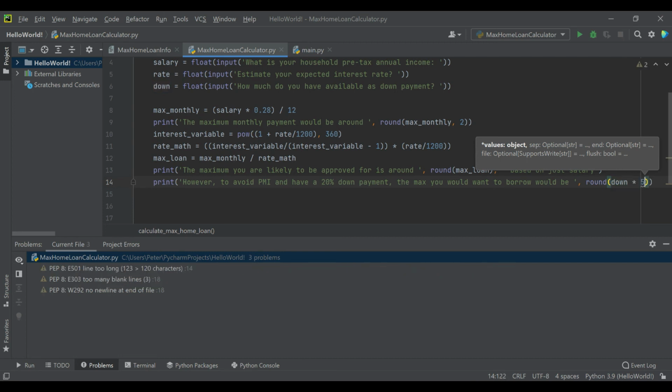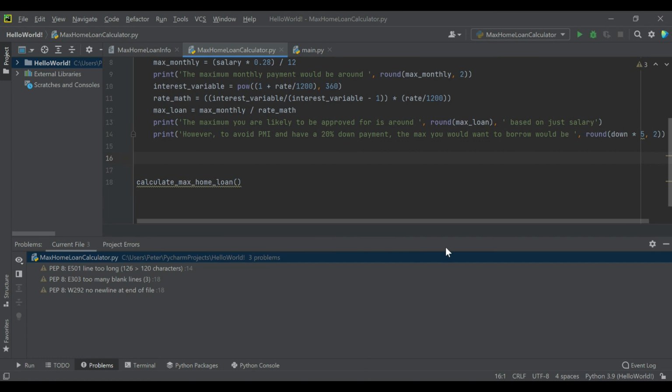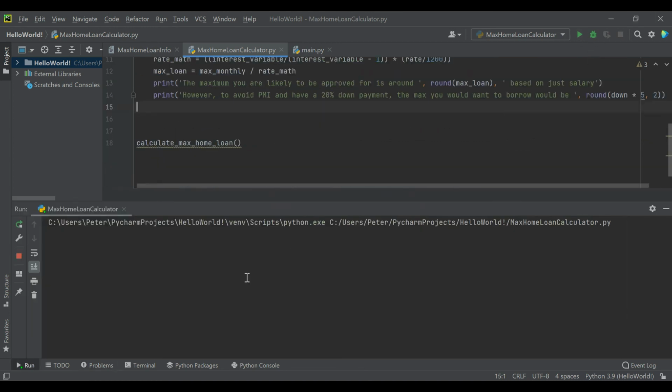Because we want to keep it at 20%. And let's round that to 2 decimal places. Go ahead and close that out. And let's see if this works. We did that kind of fast. I made a few mistakes, but let's see what we get.